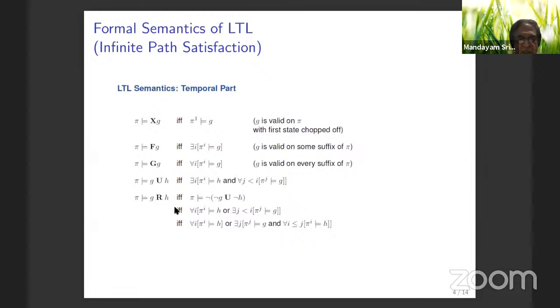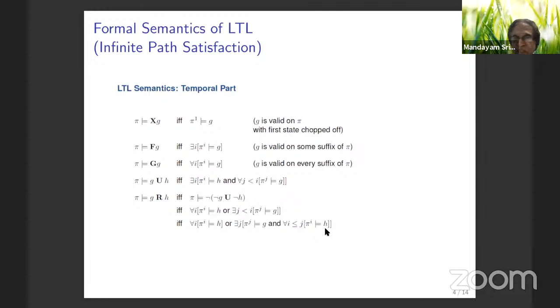So g releases h means either h is constantly true forever, or if g is true at some point j, then h has to be true for every i less than or equal to j.